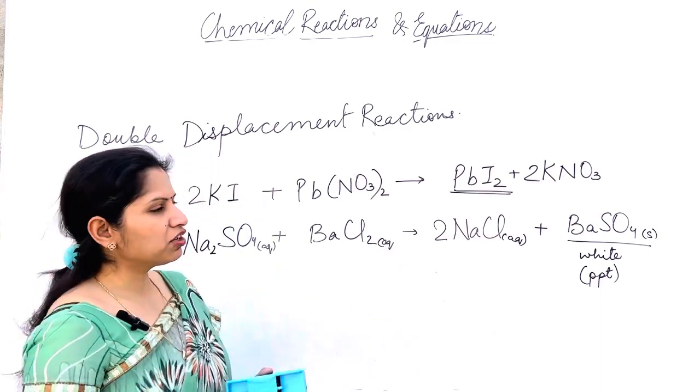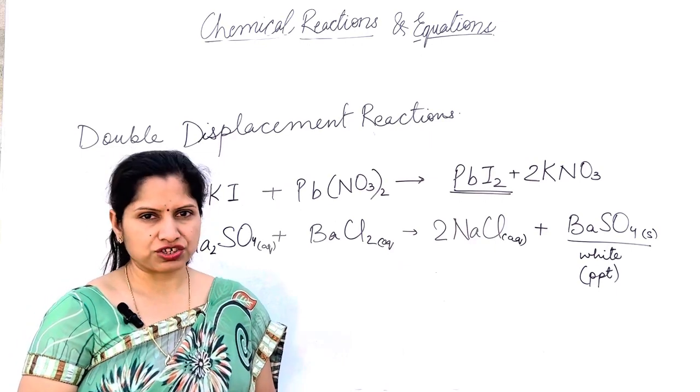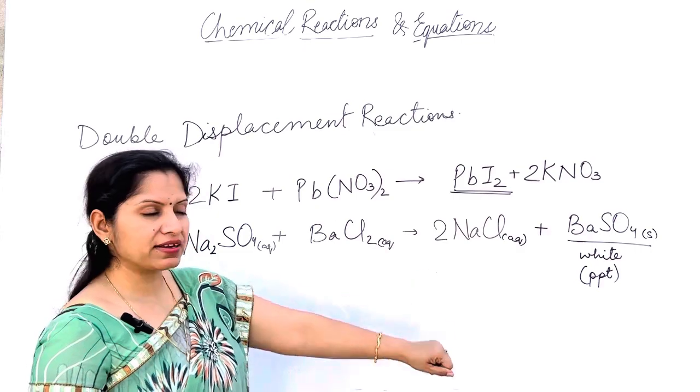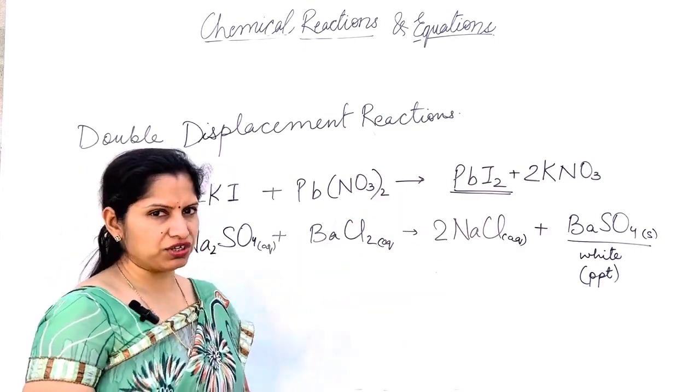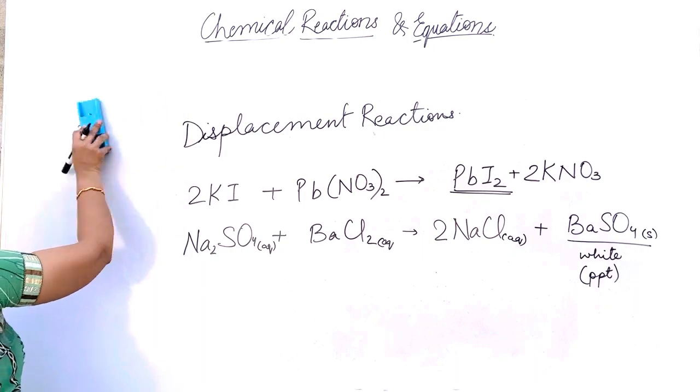So we have studied about double displacement reactions as well as precipitation reactions. In both the reactions you can see that barium sulfate was formed, that is a precipitate. Here lead iodide is formed, and this is a precipitate. You can take a screenshot if you want, because the first reaction is not given in your book.